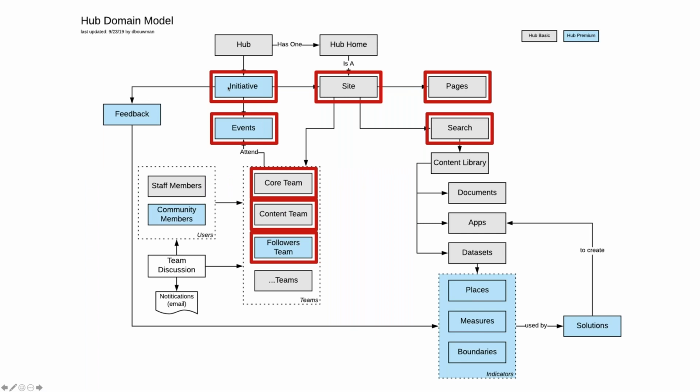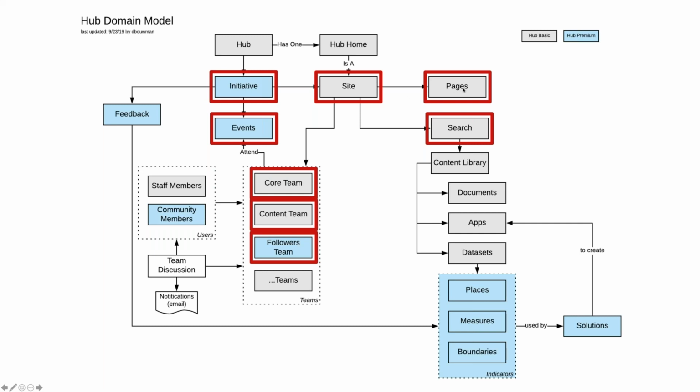So the main things that we're going to be talking about in terms of what you can work with from an API perspective will be sites and pages, as well as an initiative. Again, the light blue stuff is things available if you're a premium subscriber. Otherwise, gray is available in ArcGIS Enterprise and just ArcGIS Online.